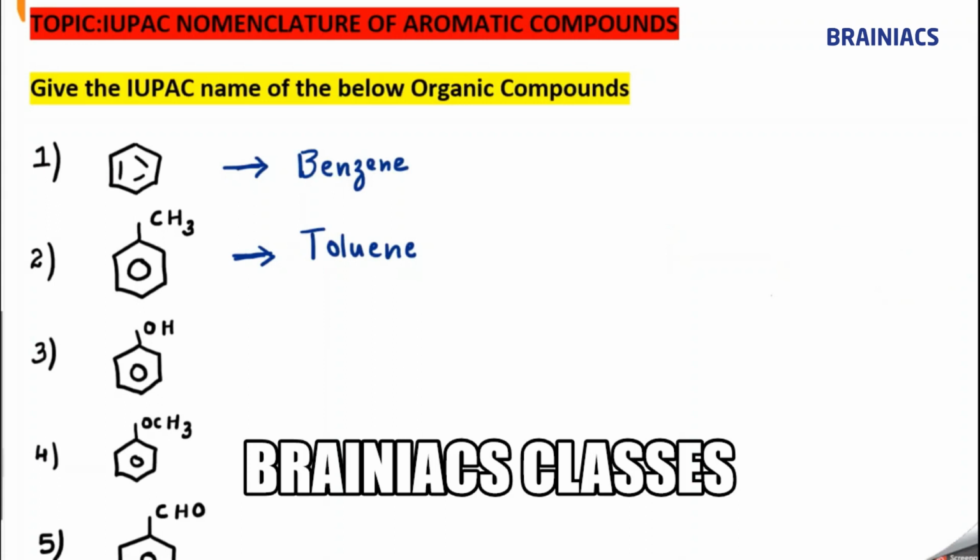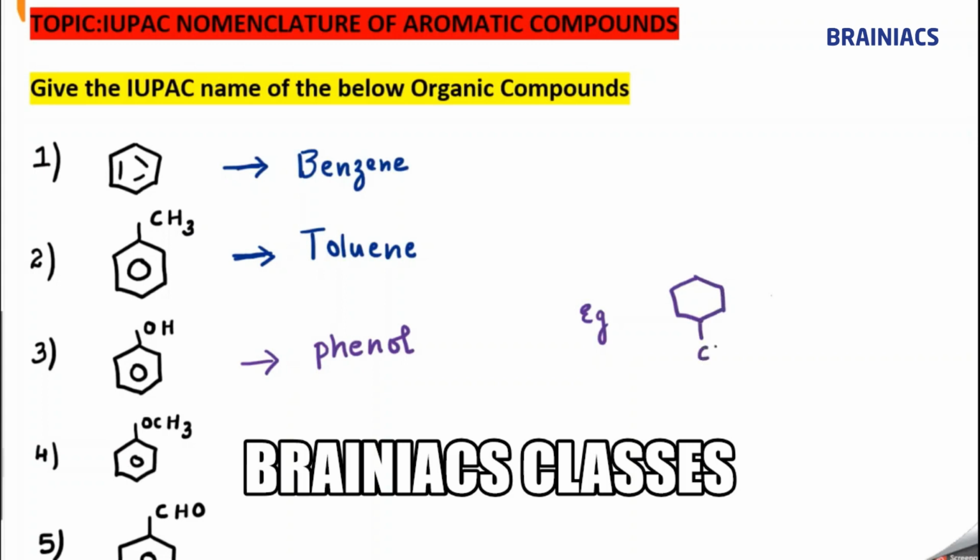In example number 3, you can see that to the benzene ring an OH group is attached. Whenever an OH group comes to the benzene, we use the term phenol. Any other substituents, we tell it as a derivative of phenol. For example, you have something like this.